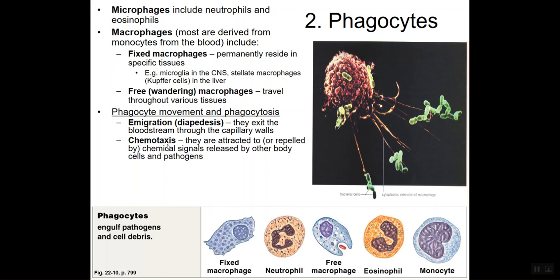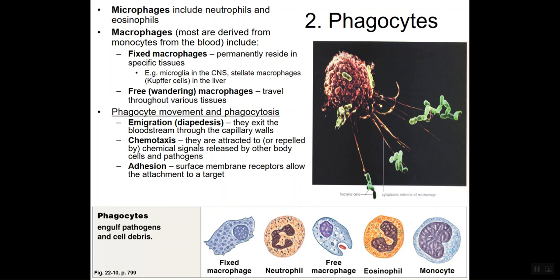Remember the term chemotaxis means to respond to chemical stimuli in some way. If they are attracted and go towards the chemical stimuli, that's positive chemotaxis. There's also something called negative chemotaxis if they go the opposite direction, but mostly we're going to see examples of positive chemotaxis, where a phagocyte is going to travel towards where the problem is because it'll be following the chemical trail that has been given off by the damaged tissue or the infection.